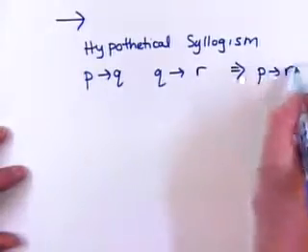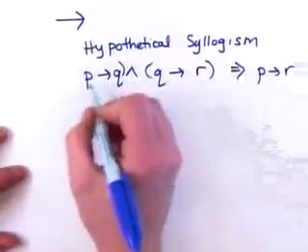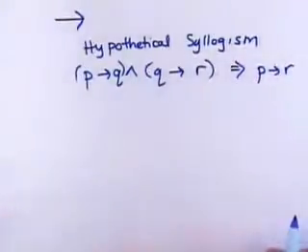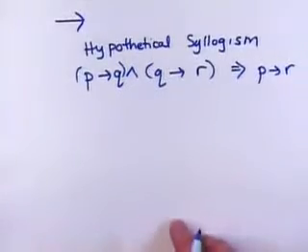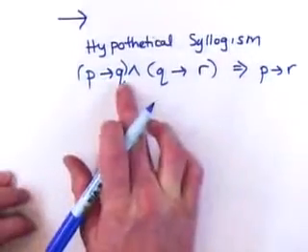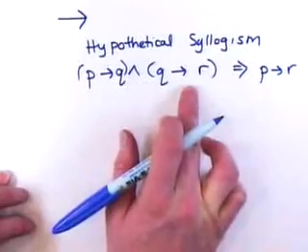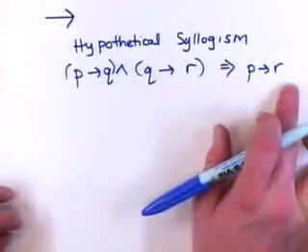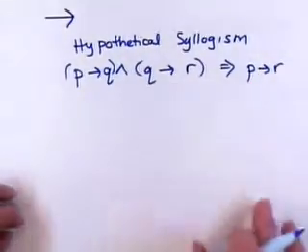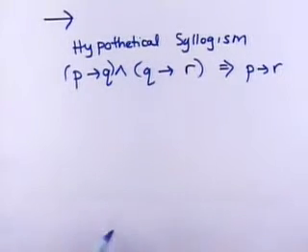If I know P implies Q and Q implies R, then P implies R. So in a proof, I would have P implies Q on a line, Q implies R on a line, and I would have P implies R on a conclusion line. So that lets me get rid of a variable also.